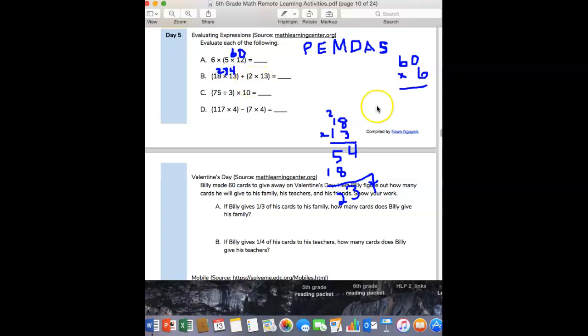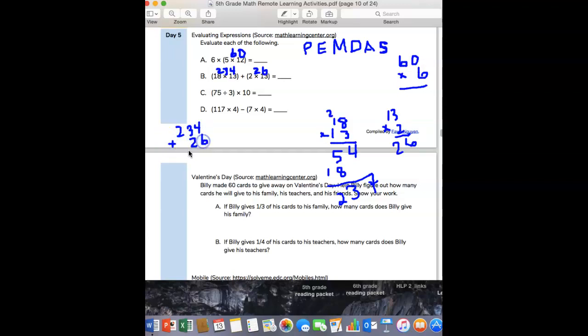And then 13 times 2 is 26. So now all you have to do is take 234 plus 26. Set that up and solve that and put the answer in there.